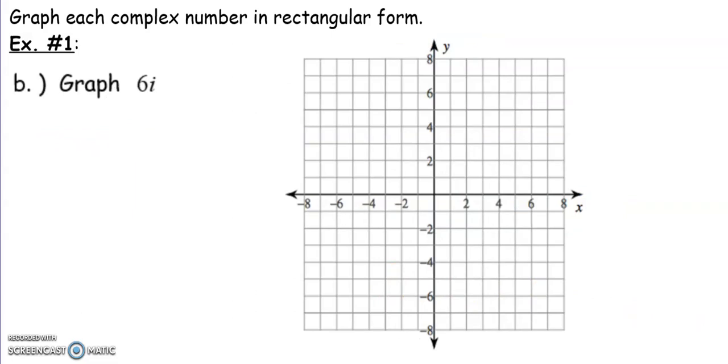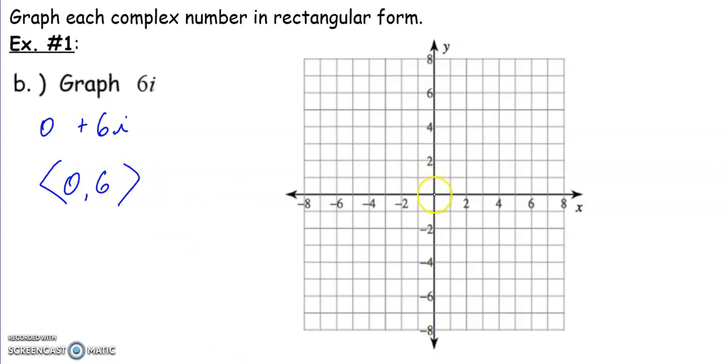What if a part is missing? It'd have to be the real part missing, because if it had no imaginary part, it'd be real and we wouldn't have these issues. So let's graph 6i. Another way of writing this would be a plus 6i. Well, there is no a. The value of a is non-existent, so we would say 0. We're graphing the vector 0, 6.